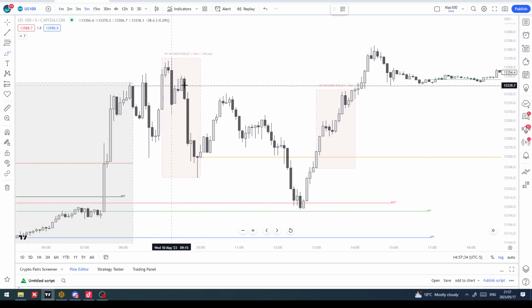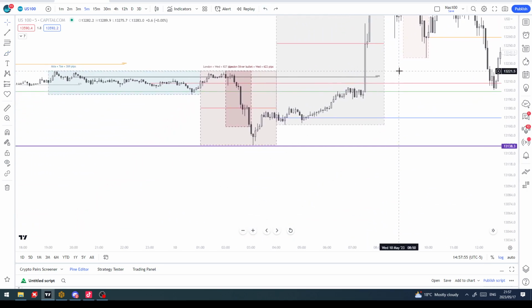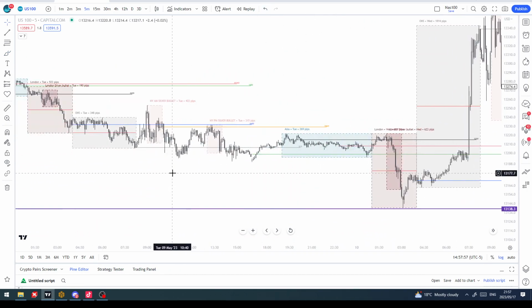AM silver bullet between 10 and 11. Highs taken, change in the state of delivery, FEG created, retracement into the FEG, target sell side liquidity. And then for your PM, let's find a good example for the PM silver bullet.